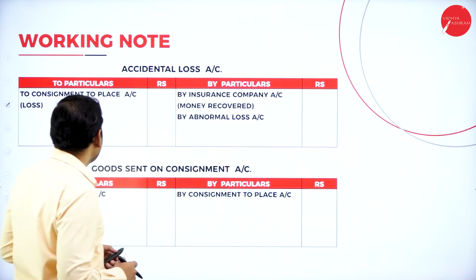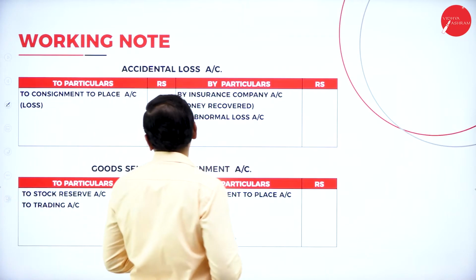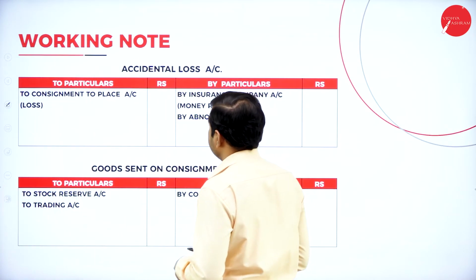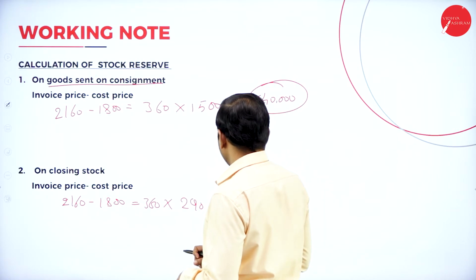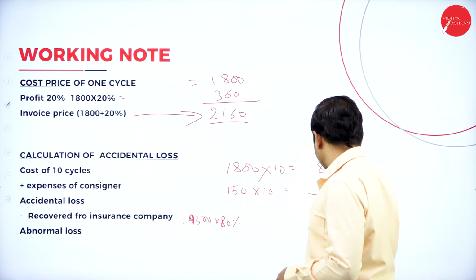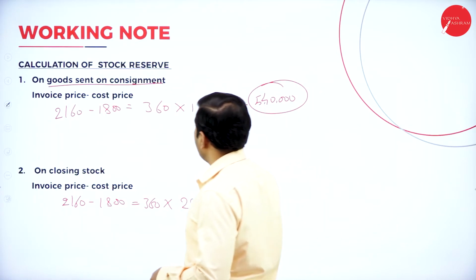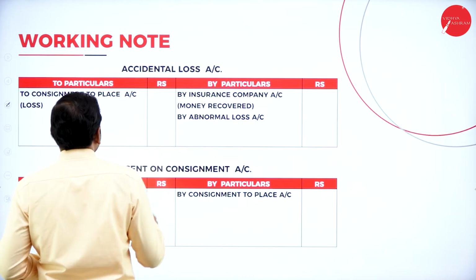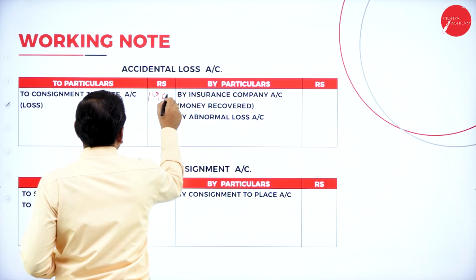Now next point, accidental loss account. What is the accidental loss? Consignment to place account journal entry here is, now accidental loss is 19,500. Out of that, how much is the insurance company giving?